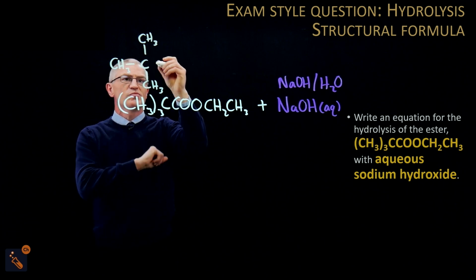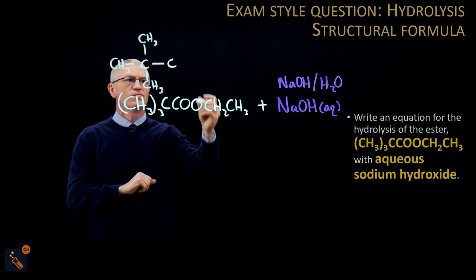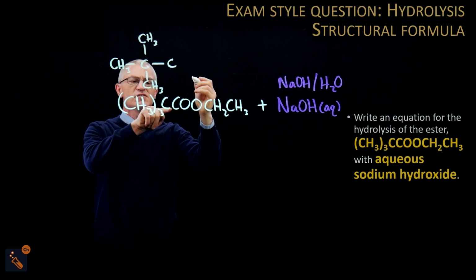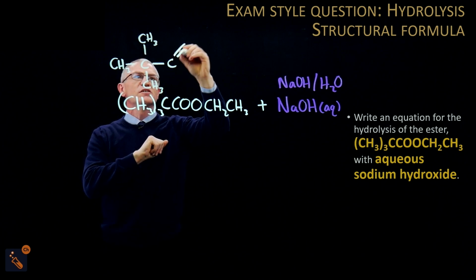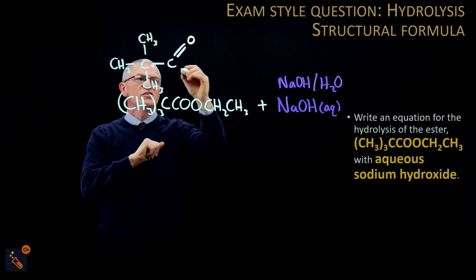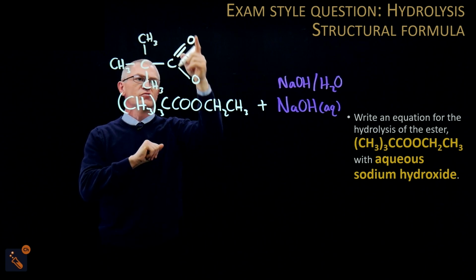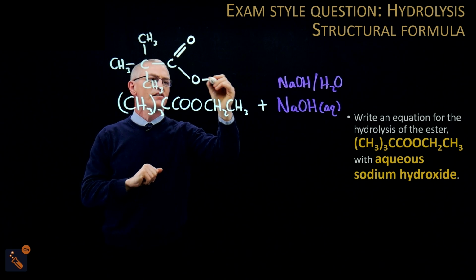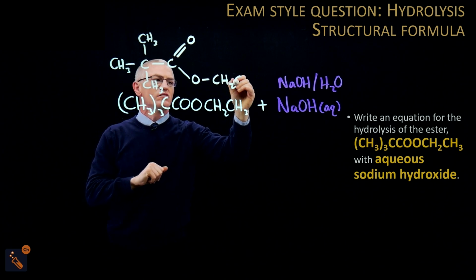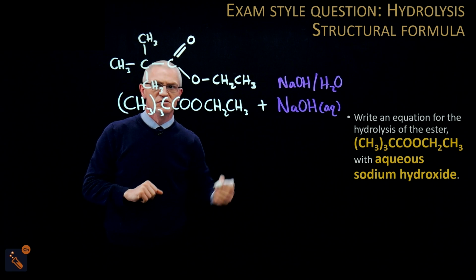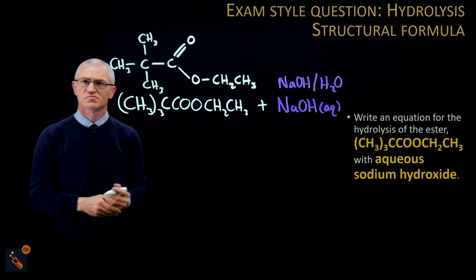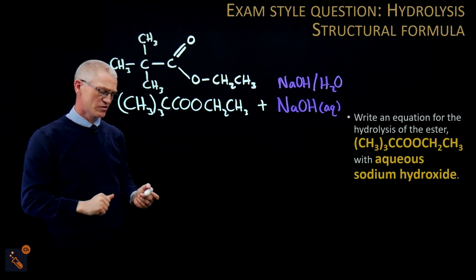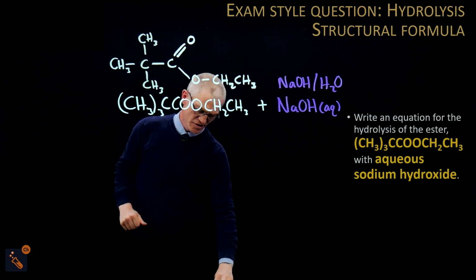And then we'll go to the carbon, so we're just working our way along. There's a carbon there. Go to the next carbon, which is our COO group like this. And then it goes to our CH2, CH3.